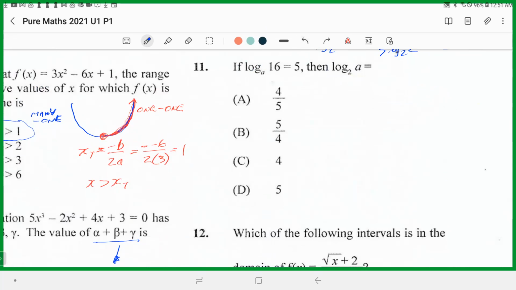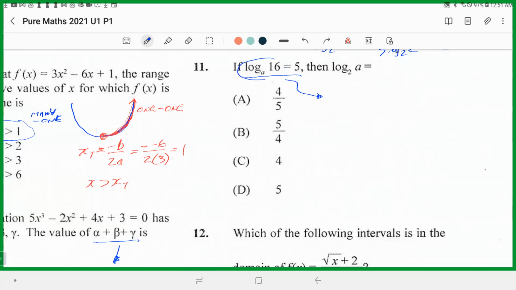Watch this now. I'm going to start with this. I want to get log to base 2 of A first. Then I can use that change of base law. Watch this now, the reciprocal one. I want to get the 2. This is the same as 2 to the 4th power, right?